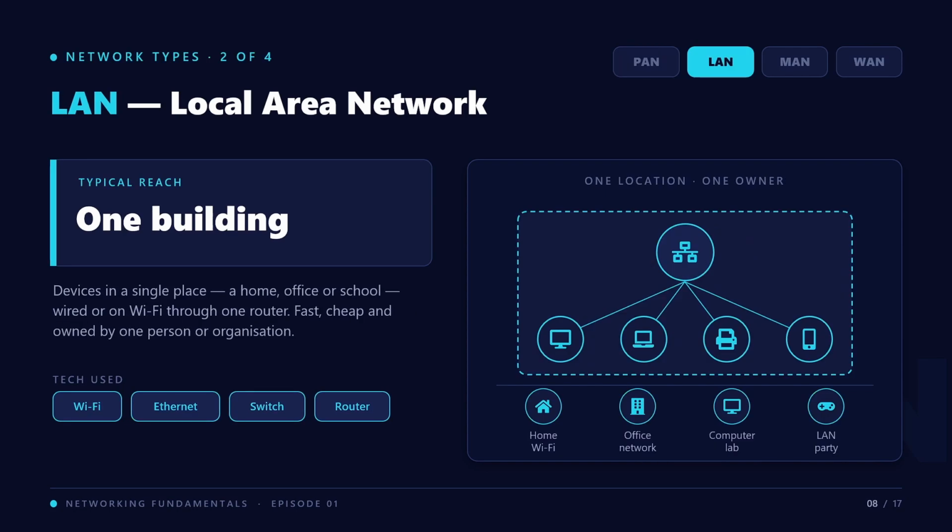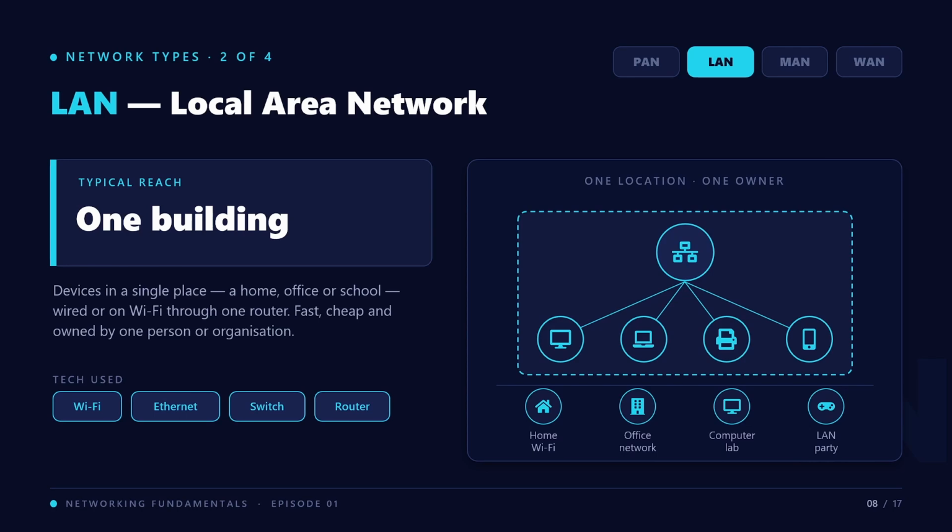Scale up and you get one most people actually run at home. A LAN, a local area network. Reach, about a building. This is devices in a single place, a home, an office, a school, all connected, usually through a router, either over Wi-Fi or an Ethernet cable. Your home Wi-Fi is a LAN.